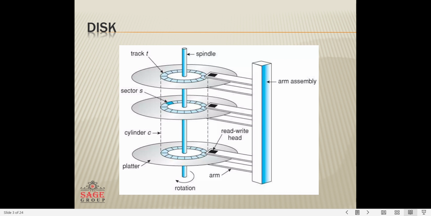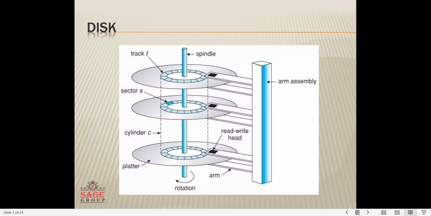Here you can see we have multiple circular disks, which are called platters, and these platters are arranged sequentially. In these platters we have tracks, and in each track we have sectors.